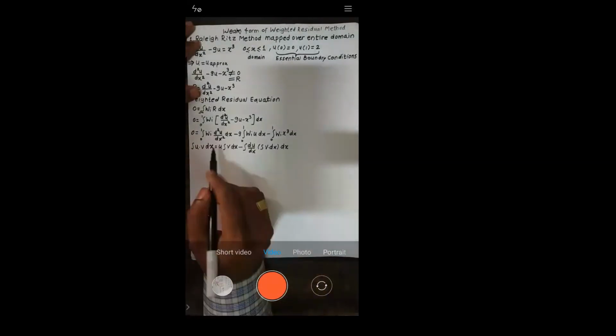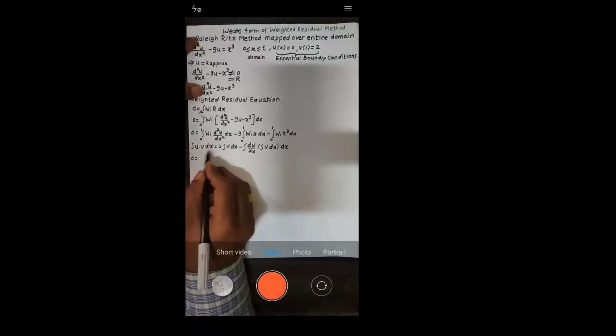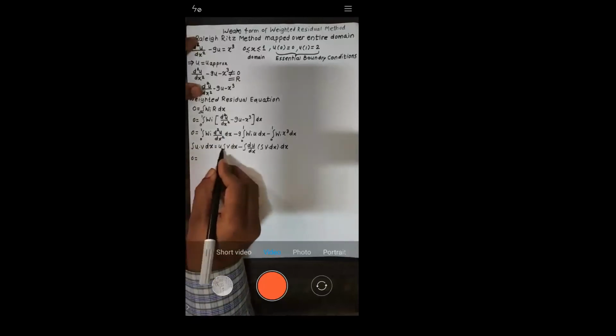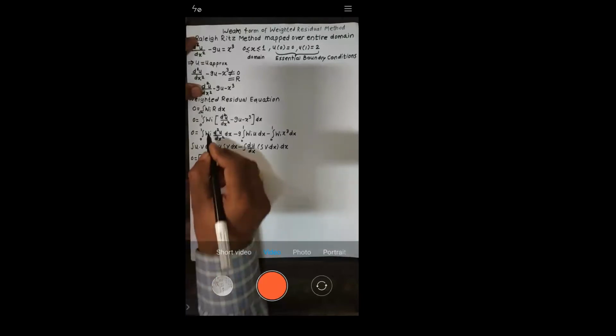Yes, sir. So what we'll do, we will apply this rule of integration to this particular term. So see what I'm getting. So 0 is equal to what is this? How should I write it down? First into integration of second. That is first, wi as it is, into integration of d square u by dx square.